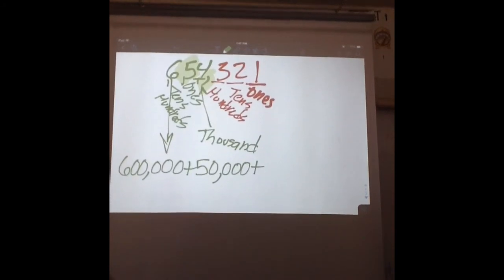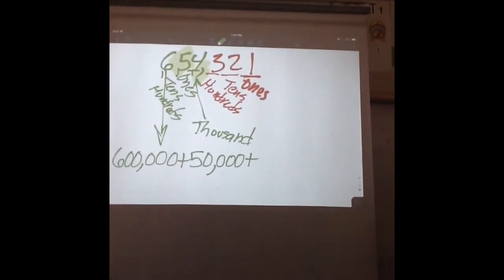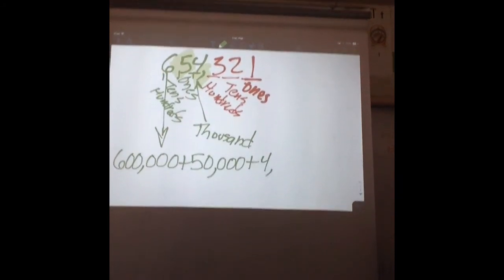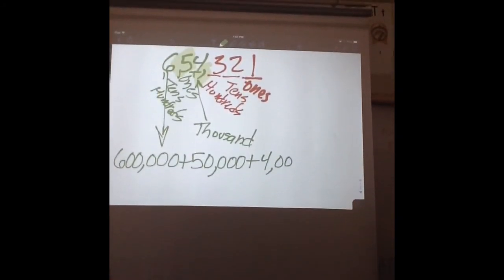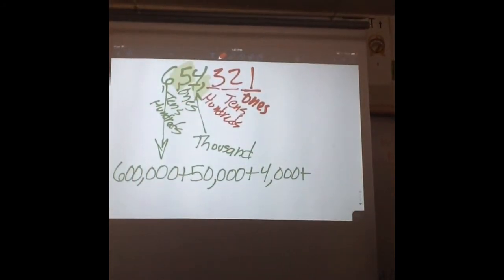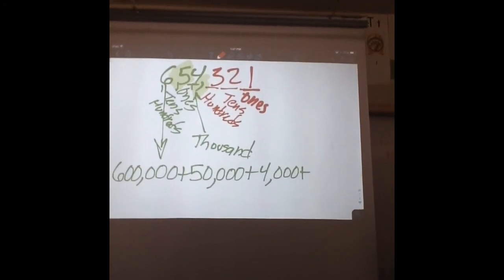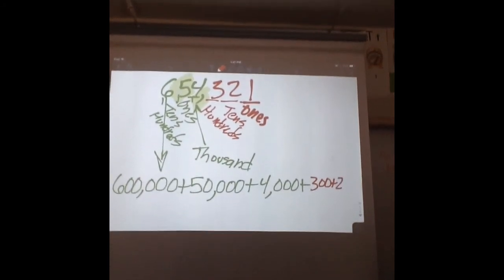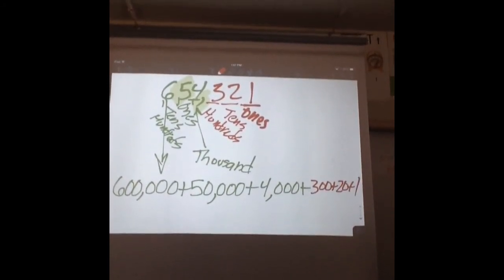Now I'm going to work on my 4, right? So 4, road sign, and 3, 2, 1, right? Plus. And I'm going to do the rest. You ready? What's the 3? 300 plus 20 plus 1.